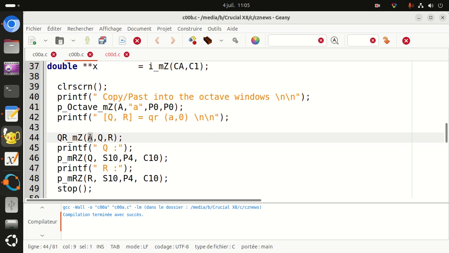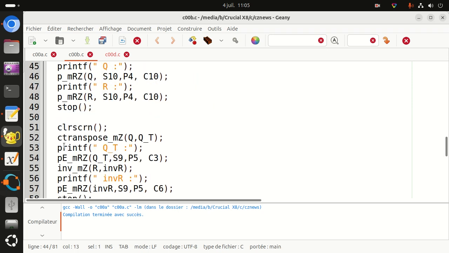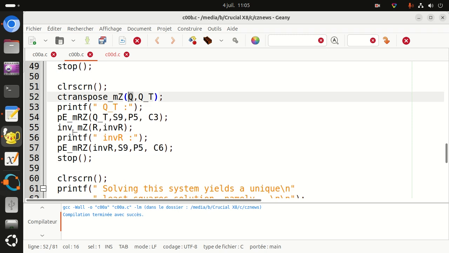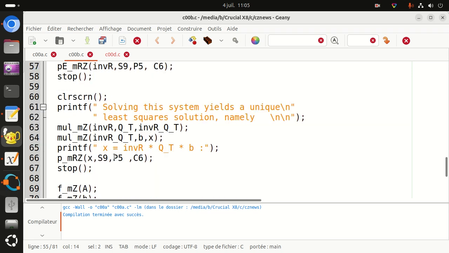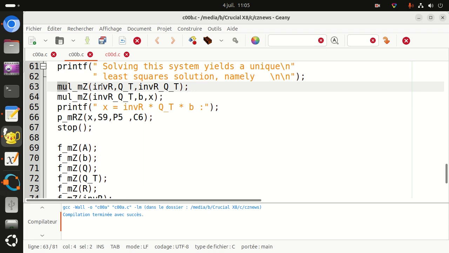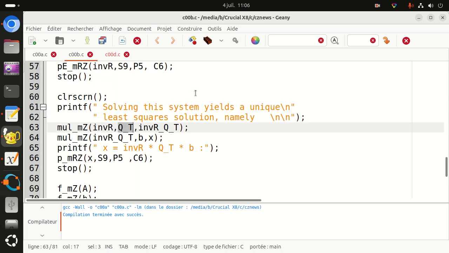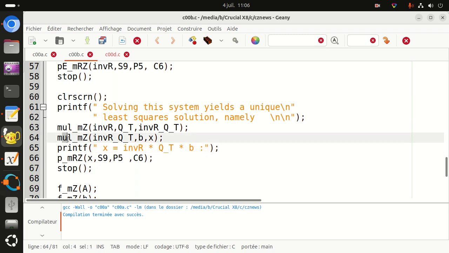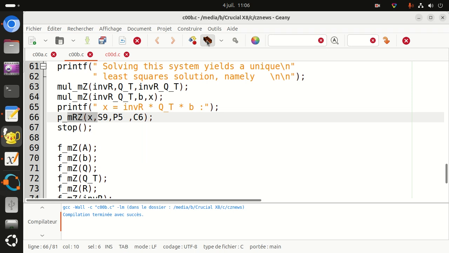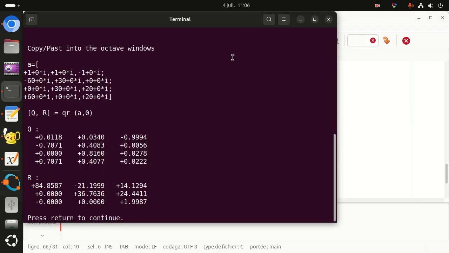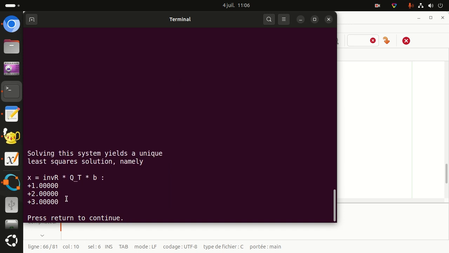You put A and Q and R. You take the conjugate transpose of Q. You take the inverse of R. And now you multiply the inverse of R by the conjugate transpose of Q, and then you multiply this result by B, and you have the result 1, 2, 3.